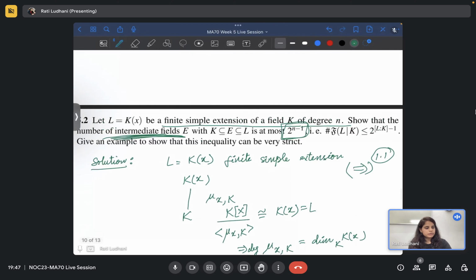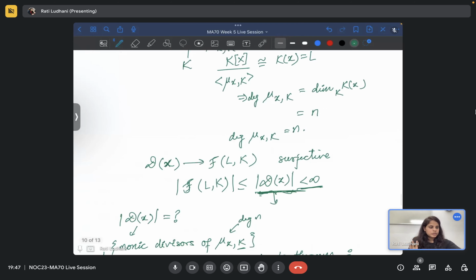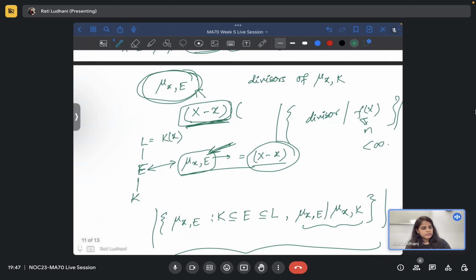Now we have explained that finding an intermediate field is the same as finding a minimal polynomial of x in that field, right? So finding e is the same as finding mu x comma e. And what is mu x comma e? It is a divisor of mu x comma k with a part like x minus alpha always there, because it should be a minimal polynomial of x, right?